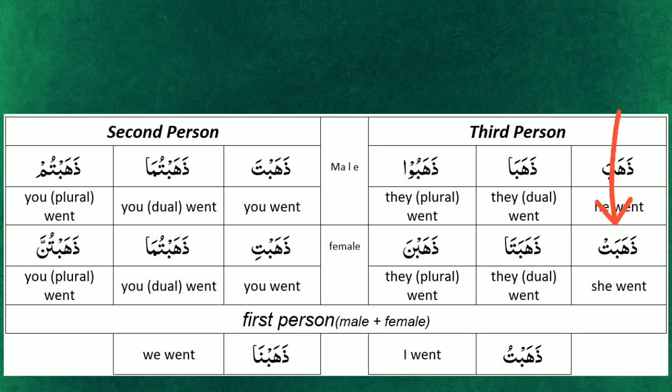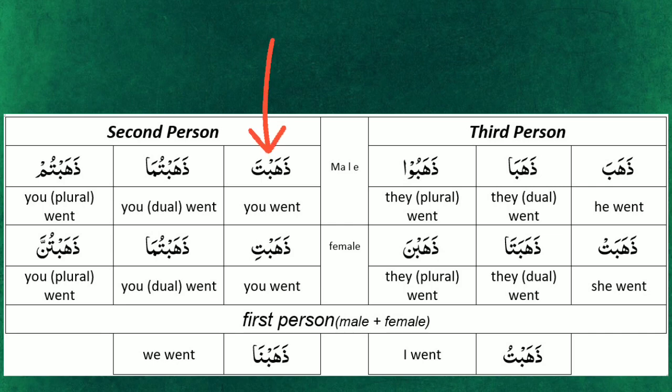Zahabat means she went. Next is Zahabata. Zahabata means they dual female went. And next is Zahabna. Zahabna means they all plural female went. Now moving on to the forms of second person.